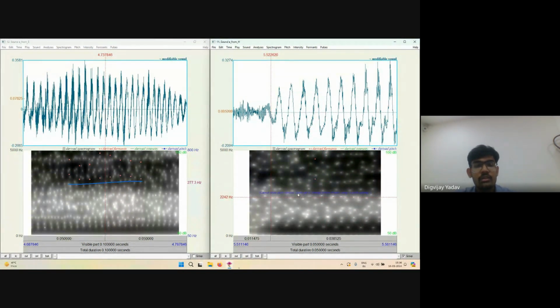Somehow we don't have the pitch here, but the first formant lies very high at 3,294 hertz, and here it lies around 3,400 to 3,500 hertz. So it basically means that the individual is the same here, but there may be cases where you will not be getting the pitch or the intensity.